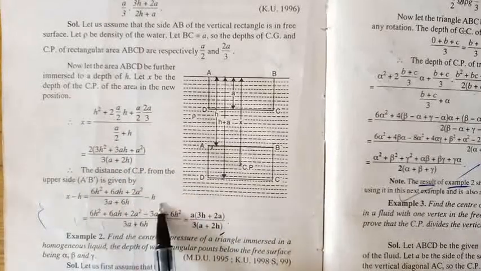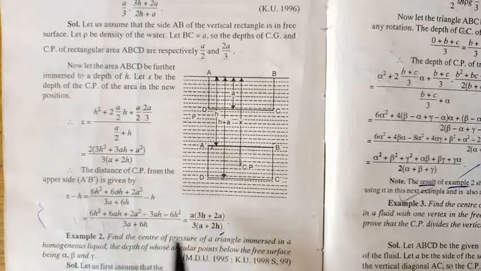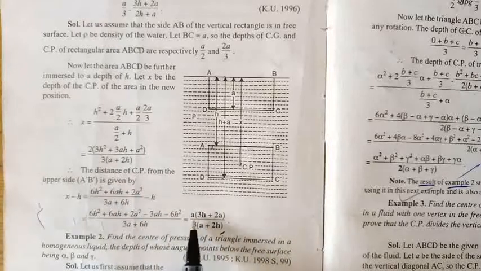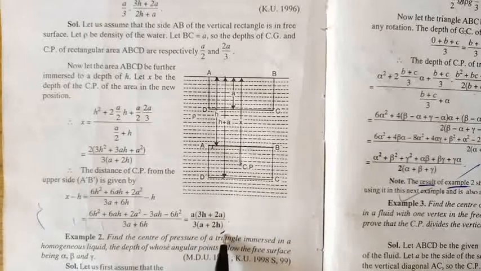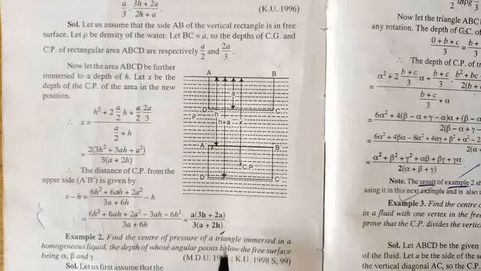So x minus h after simplification will be a into (3h + 2a) upon 3 into (a + 2h). So this gives us the required distance.